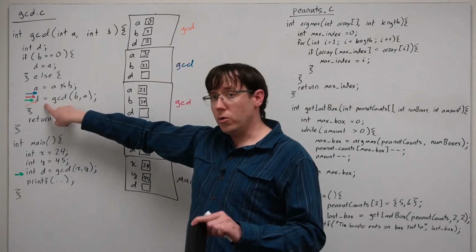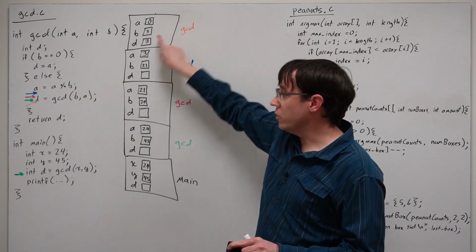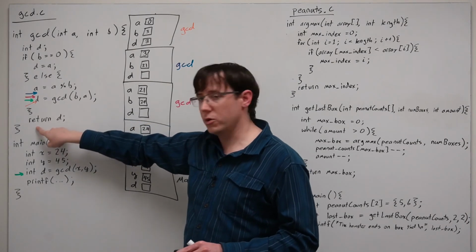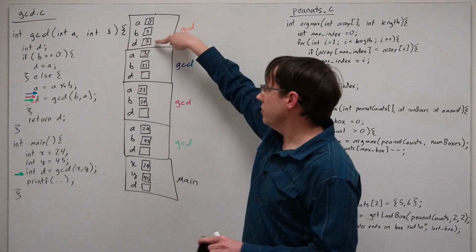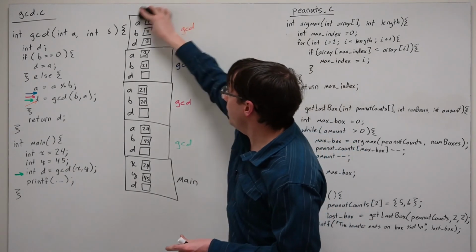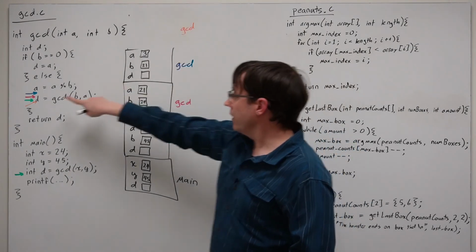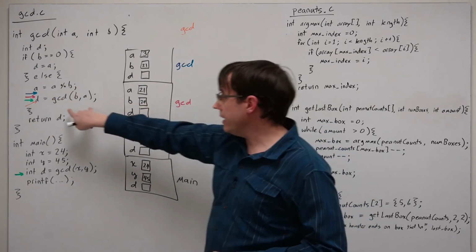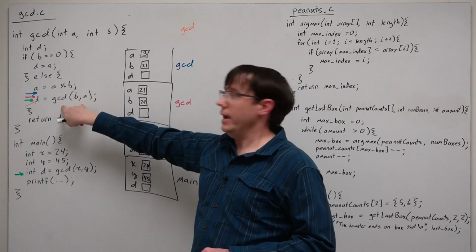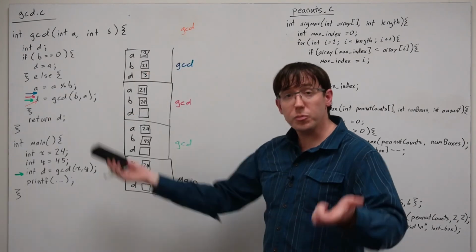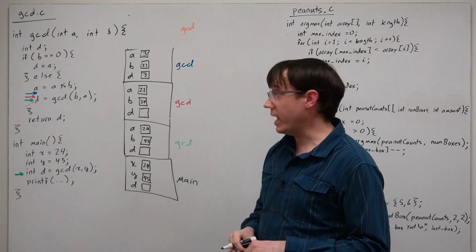But now the orange GCD call resumes executing, and it's hit the bottom of the else case, so it goes on to return the value of D. That eliminates this stack frame and brings us back to where this GCD call was paused. It gets back a return value of 3 and stores it in its local variable D. And this proceeds all the way down the stack.